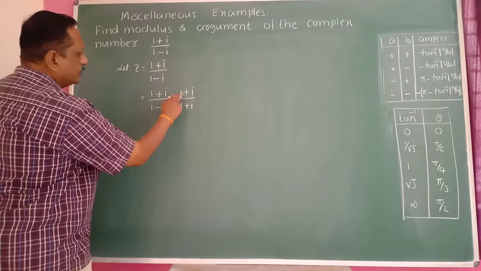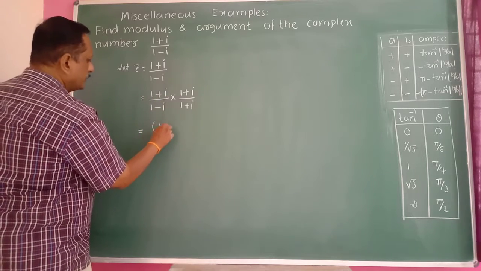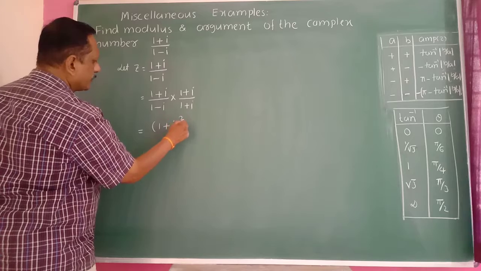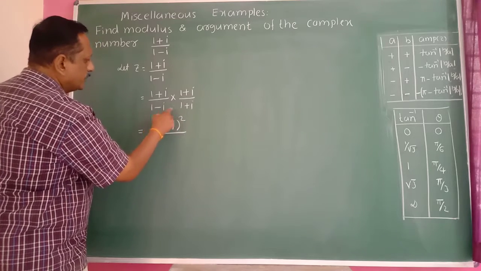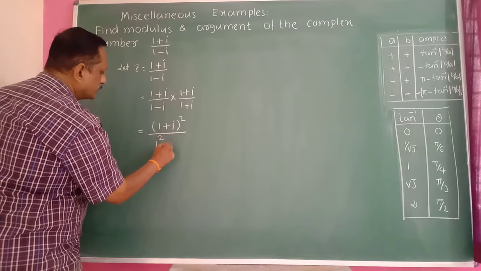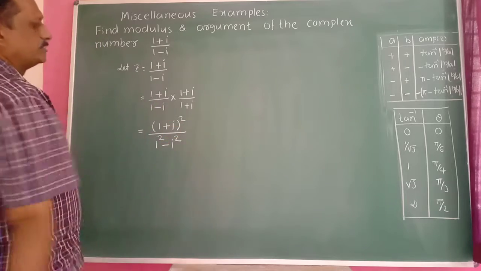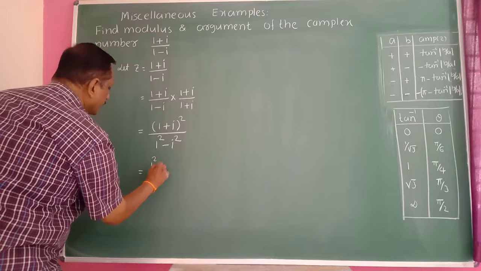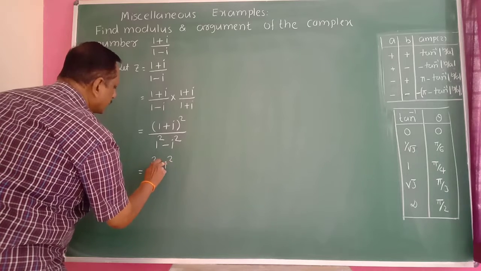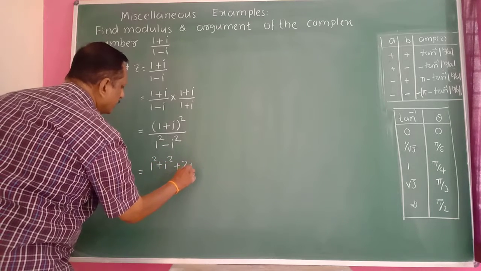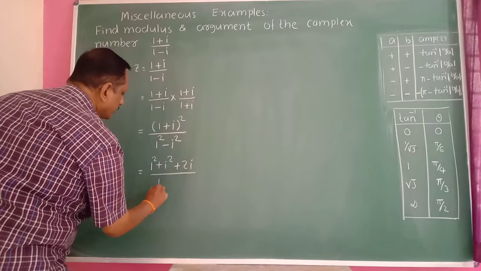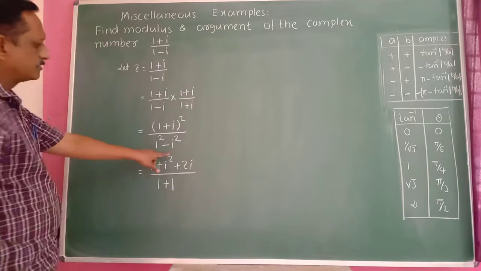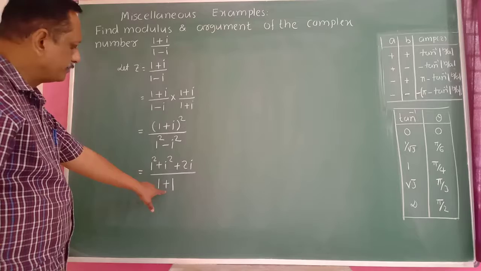Then 1 plus i into 1 plus i becomes 1 plus i whole square here, divided by 1 minus i into 1 plus i, which gives 1 square minus i square. Then expand the numerator terms here: 1 square plus i square plus 2i, divided by 1 plus 1 here, because i square is minus 1 here, minus minus becomes plus.